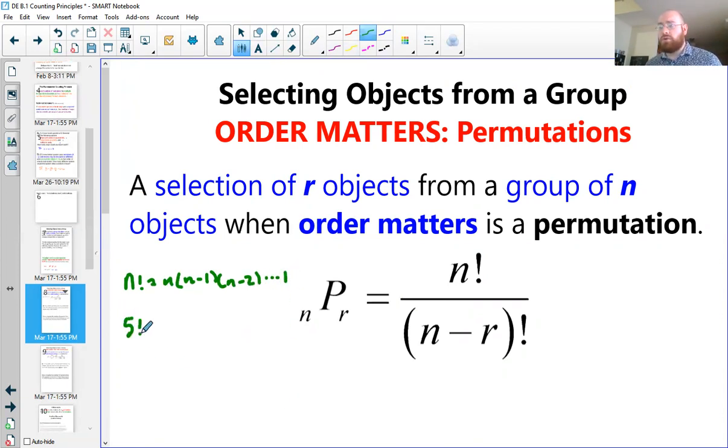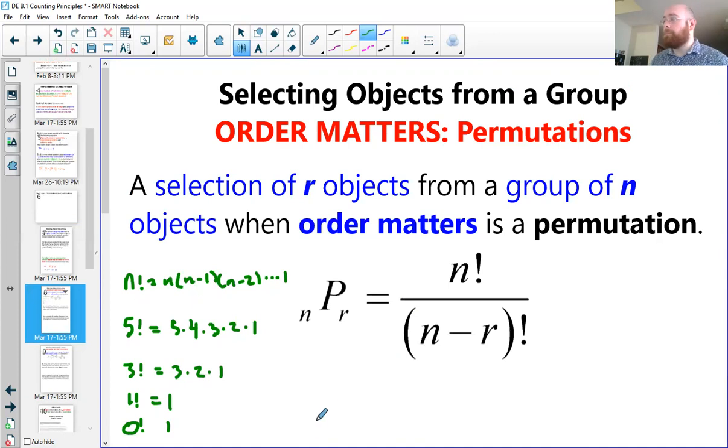So 5 factorial would be 5 times 4 times 3 times 2 times 1. 3 factorial, 3 times 2 times 1. 1 factorial is just 1, and 0 factorial is also 1. Going into why this is the case, we won't go into, but partly it's to make sure that we don't ever divide by 0. So 0 factorial is just 1.